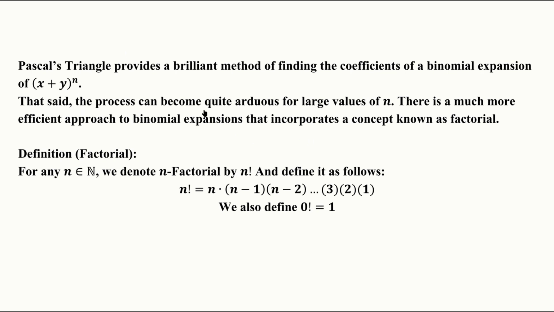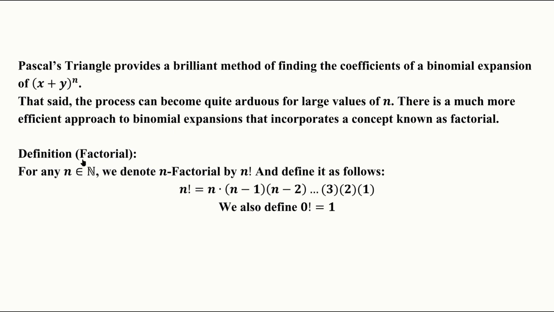That said, the process can become quite arduous for large values of n, because you have to sit there and generate a Pascal's triangle for many different rows, right? There's a much more efficient approach to binomial expansions that incorporates a concept known as factorial. If you're only dealing with, say, powers up to 6, 7 even, you can still go with Pascal's triangle.